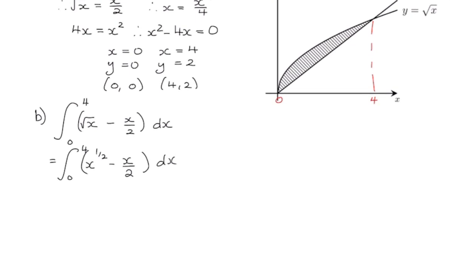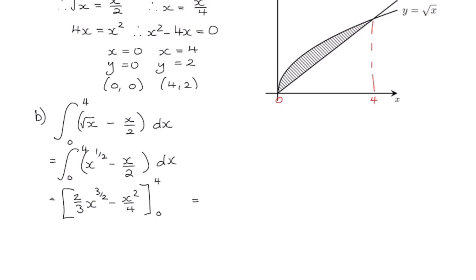If we integrate that, and remember when we integrate, we're usually going to use square brackets. If you integrate x to the half, you're going to get 2/3 x to the 3 over 2. And if you integrate x over 2, you're going to get x squared over 4. And that's between the limits of 0 and 4. I'm going to put the top limit in.